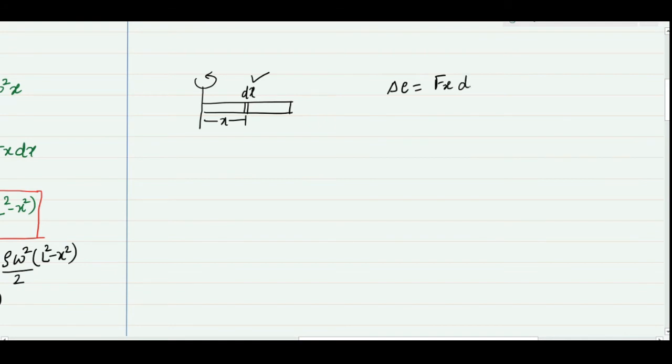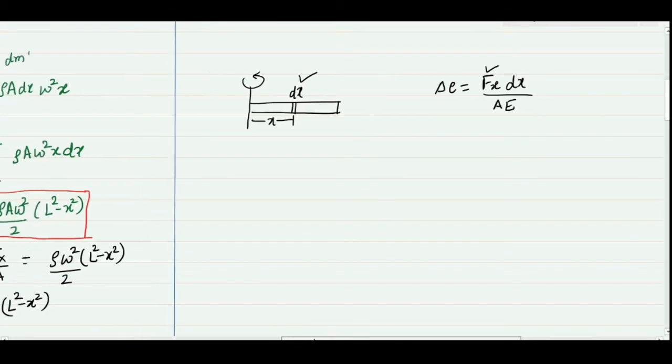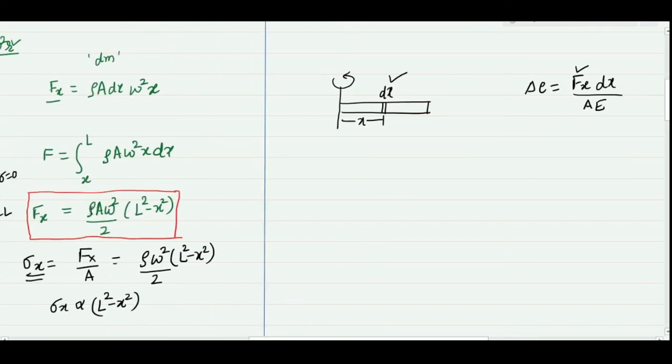The length is dx divided by A into E, and I know what my Fx is. Just now we have derived that Fx will be rho A omega square by 2 (L square minus x square). So I'll put this value here and I will get that del E will become rho A omega square (L square minus x square) by 2 A and E. This is the change in length of this small segment del x.